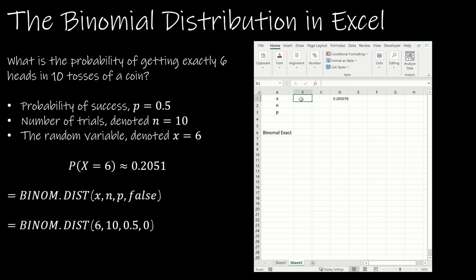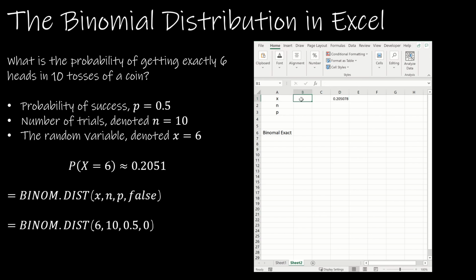Now, as you're working through your certifications, you might want to take it a little bit easier. So instead of having to type out binom dist each time, set up your spreadsheet like this.